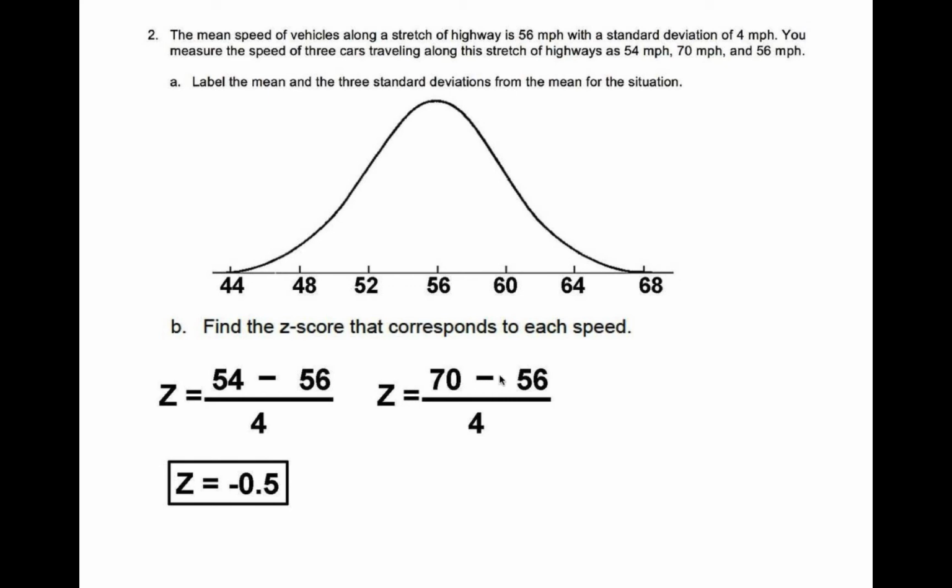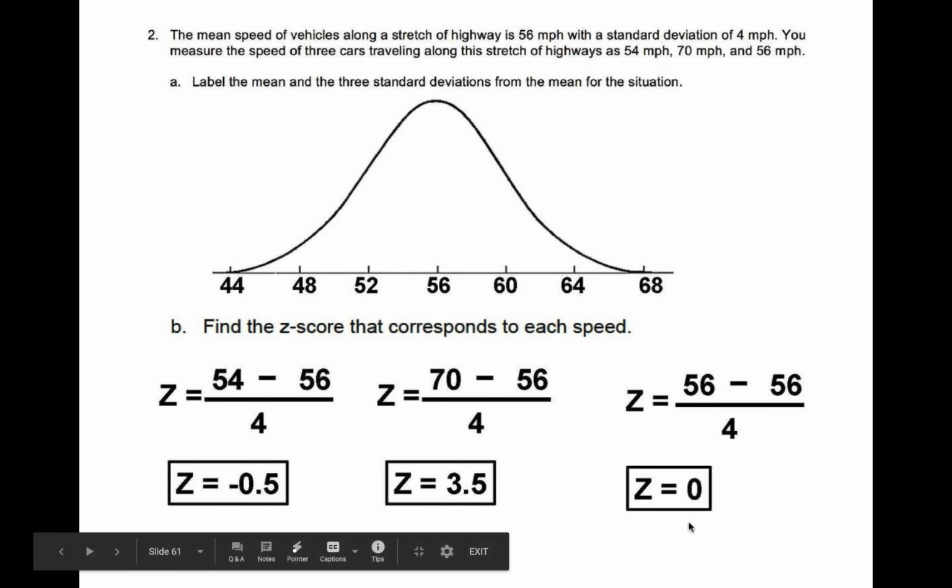So 70 minus 56, the mean, over our standard deviation, you should get 3.5. So that's 3.5 standard deviations above the mean. Then our last one is 56 miles per hour. So you do 56 minus the mean over the standard deviation. Notice you're getting 0. It's 0 because it's 0 standard deviations above the mean.